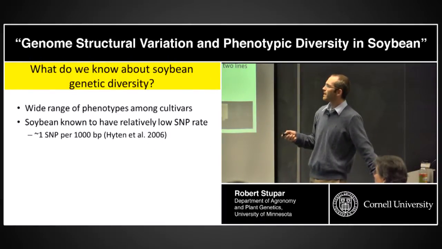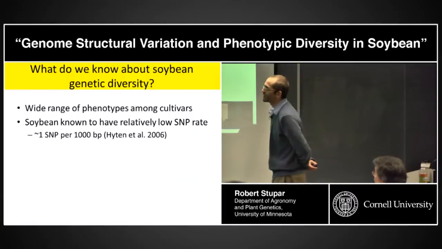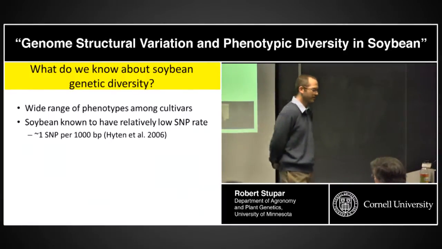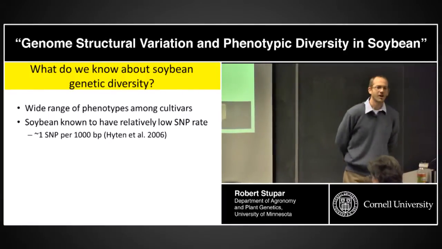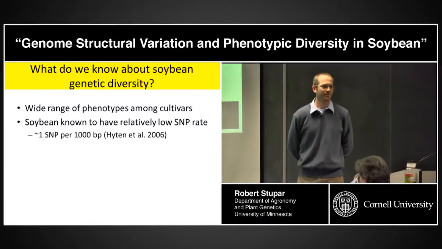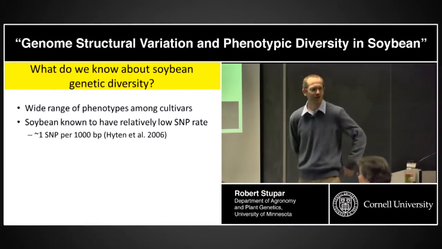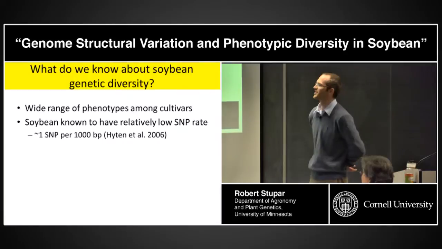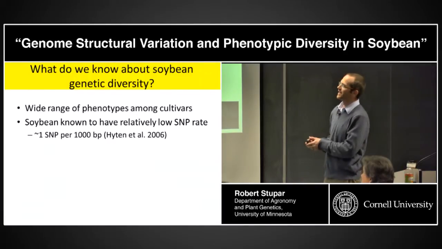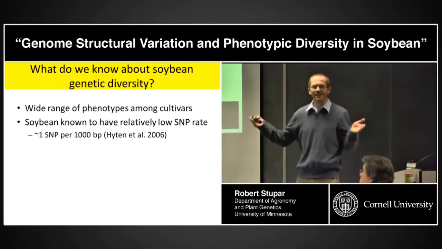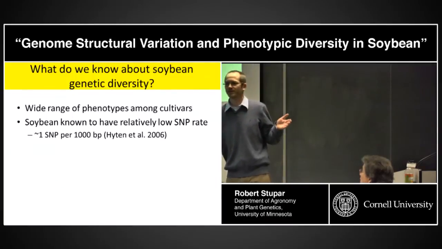Okay, so when we think about soybean genetic diversity, there's been this dogma that's built up over the years that I'm going to very briefly present. And Jeff, you can correct me if I misspeak on any of this. You've been in the community longer than I have. So we know that there's quite a range of phenotypes in cultivars.